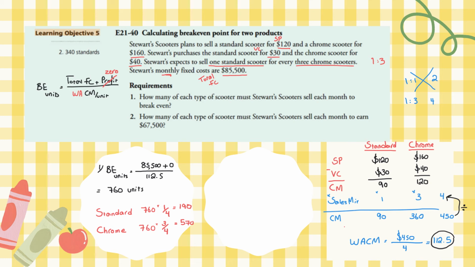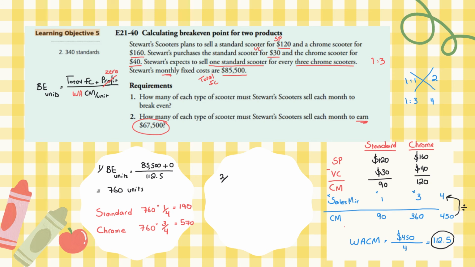Now requirement number 2. How many of each type of scooter must Stewart Scooters sell each month to earn 67,500? So now he's giving you a target profit. He said to earn, so this is a profit. Instead of 0 profit like the break-even, you need to write 67,500.